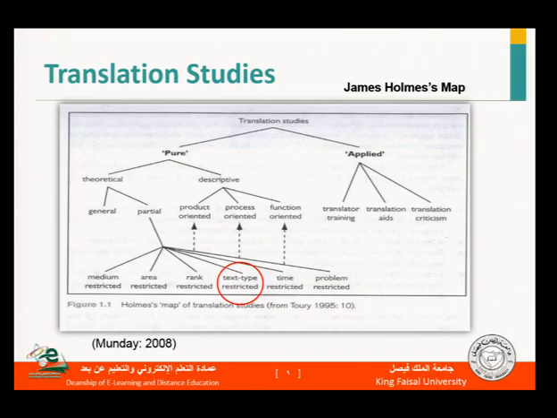You may have other courses which will talk about applied translation studies, translator training, translator aids, criticism, and so on. But I just wanted to show you where our location as translating text types is.